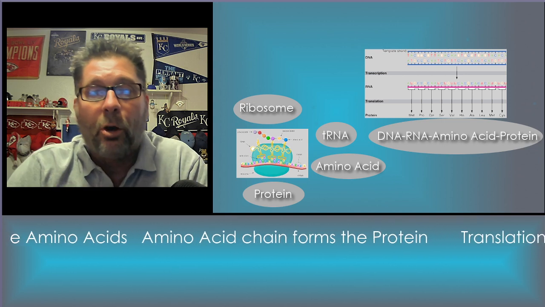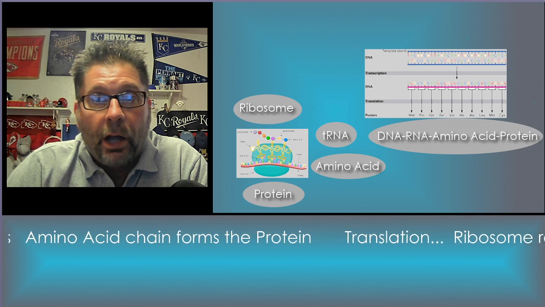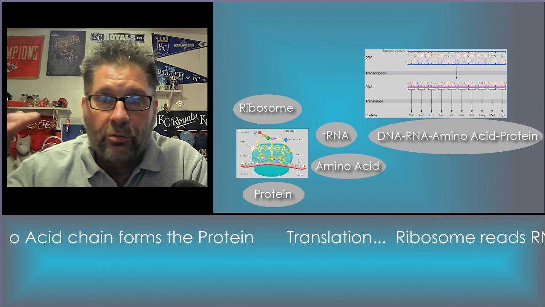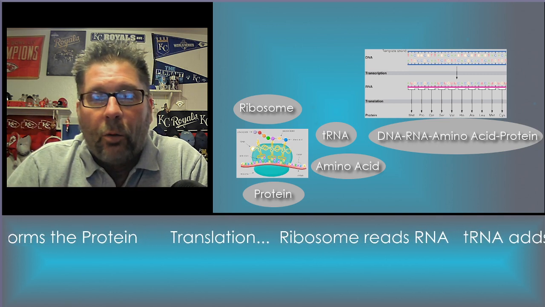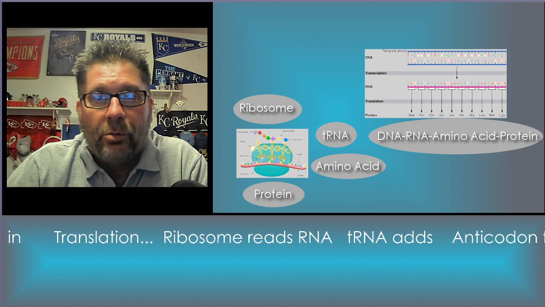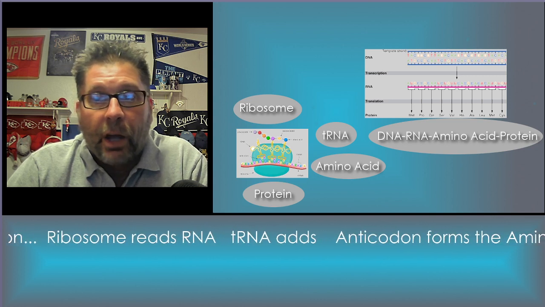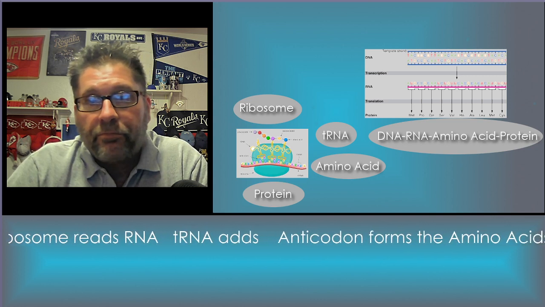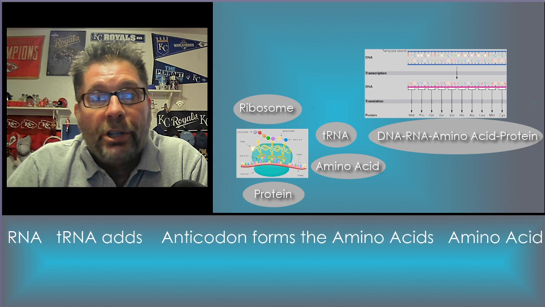The ribosome will attach itself to an RNA strand, and the RNA strand runs through it, just like an old film projector, with the ribosome wrapped around it, reading it. And those yellowish cross symbols or figures, those are tRNA.